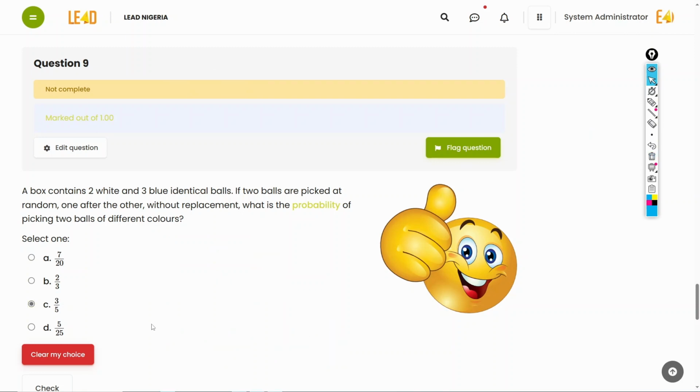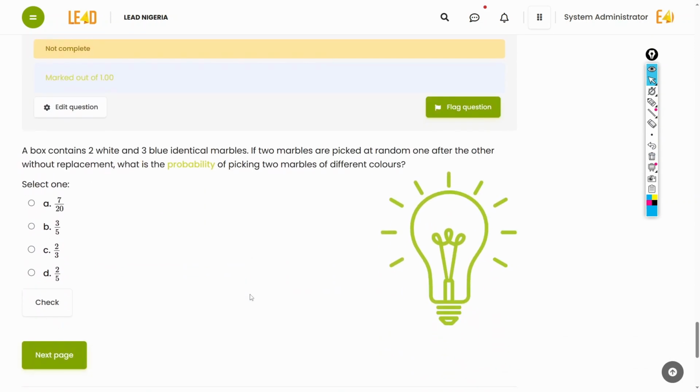All right, that's for question 9. Question 10. A box contains 2 white and 3 blue identical marbles. If 2 marbles are picked at random, one after the other without replacement, what's the probability of picking 2 marbles of different colors?